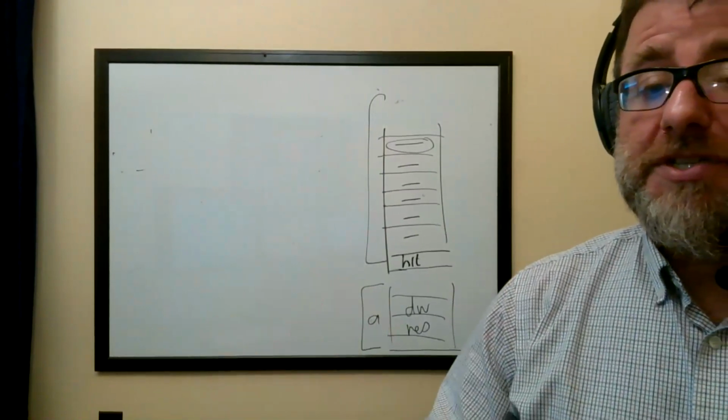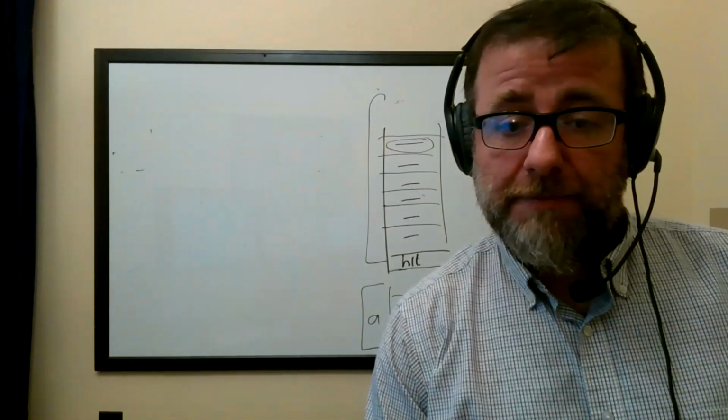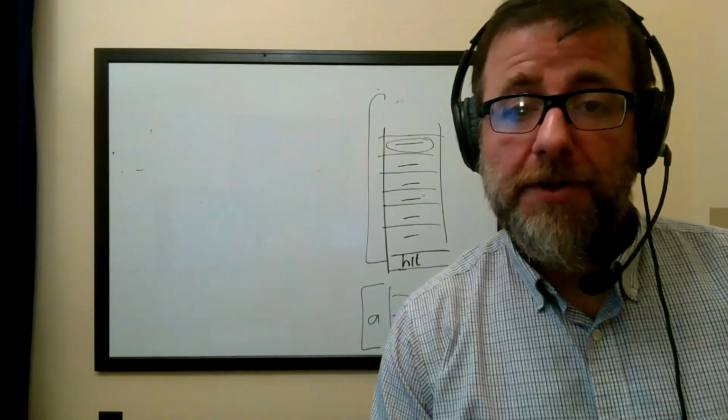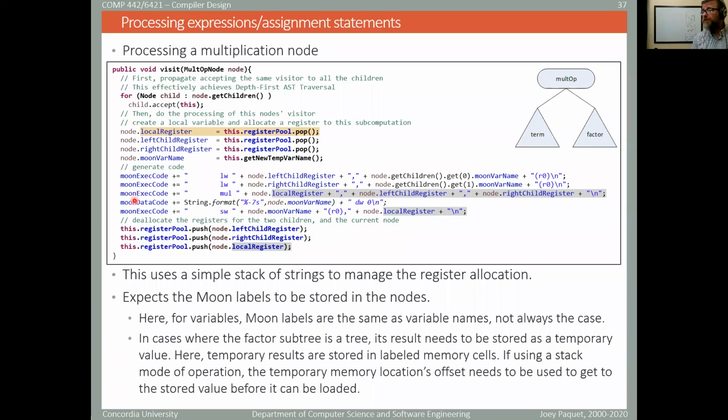Executable is the instructions. So that's why I have Moon executable code and Moon data code, and then I append these two at the end of the processing. That prevents the machine from trying to execute my data code.